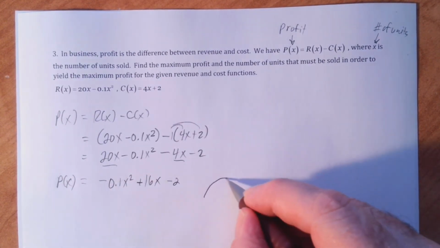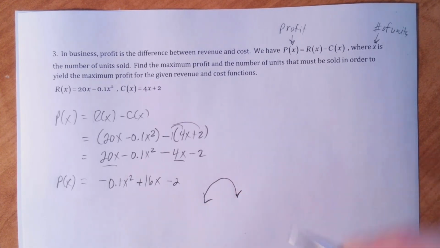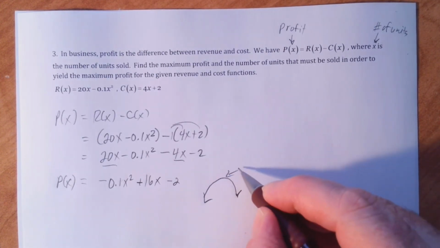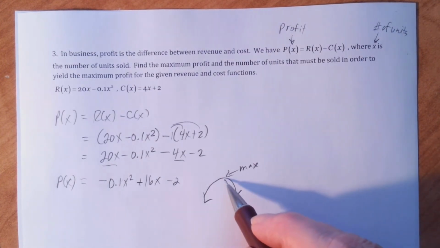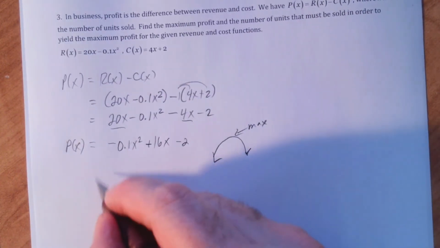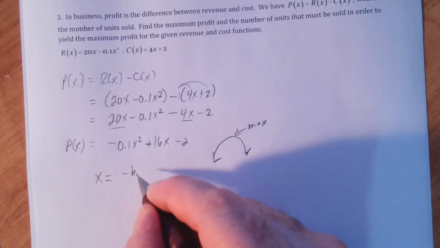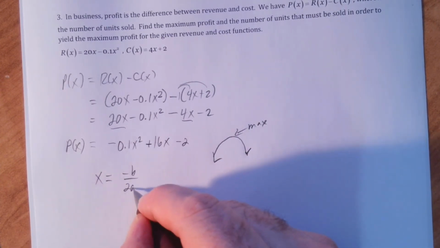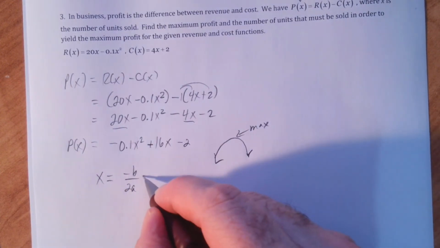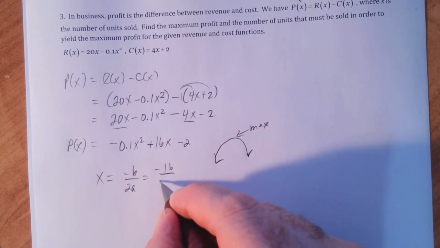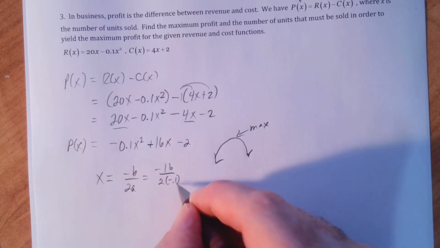Notice that function is going to open down, and so we would expect to have a maximum. That's where we're going to have our maximum profit, at the vertex. So we need the vertex formula. It's going to be negative b over 2a. Notice our input is x, and we're going to have negative 16 over 2 times negative 0.1.